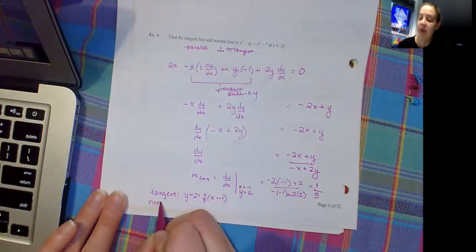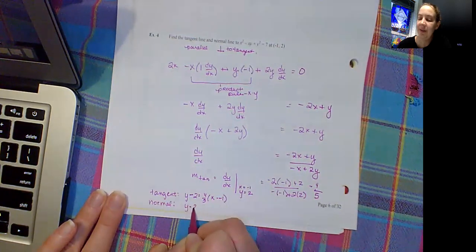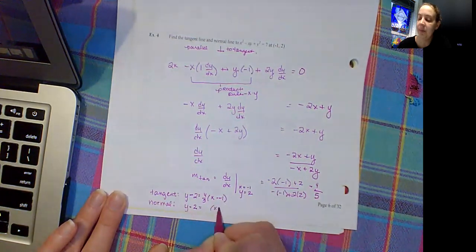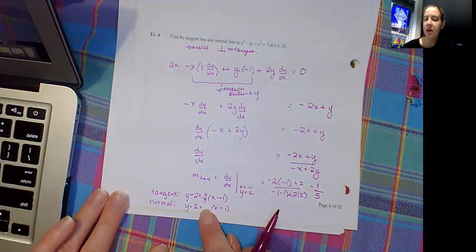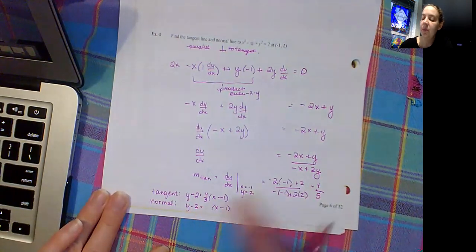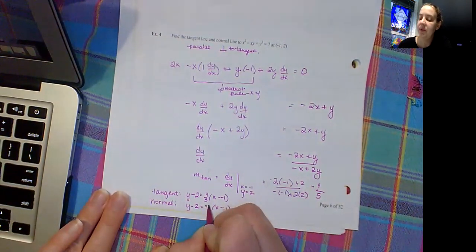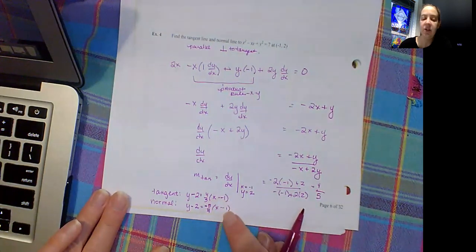Your normal line, remember that's perpendicular, everything stays the same except for the slope. And to come up with a perpendicular slope, you did that in Algebra 1 and Algebra 2, but it's been a long, long time. So 4/5 for your slope, your perpendicular is the opposite reciprocal, so -5/4. There you go, so your tangent and normal line.